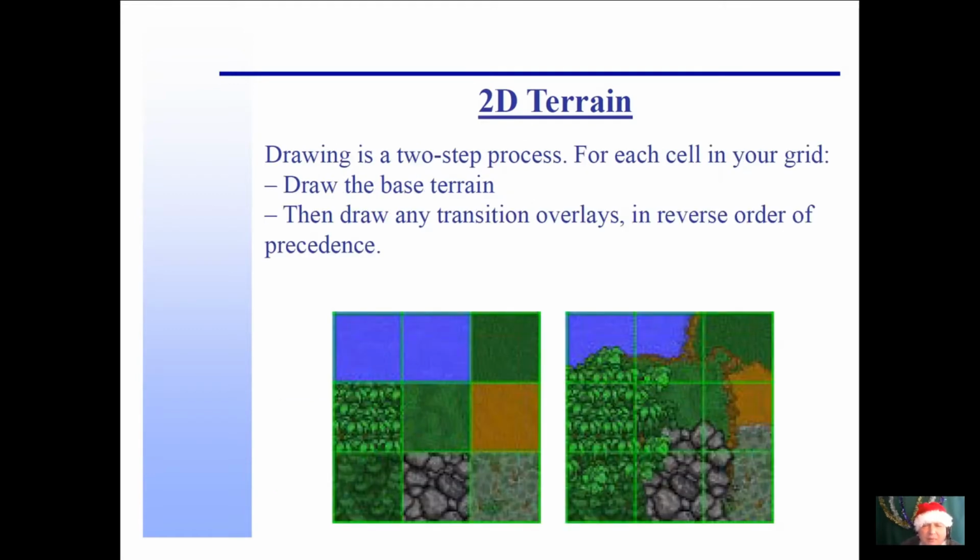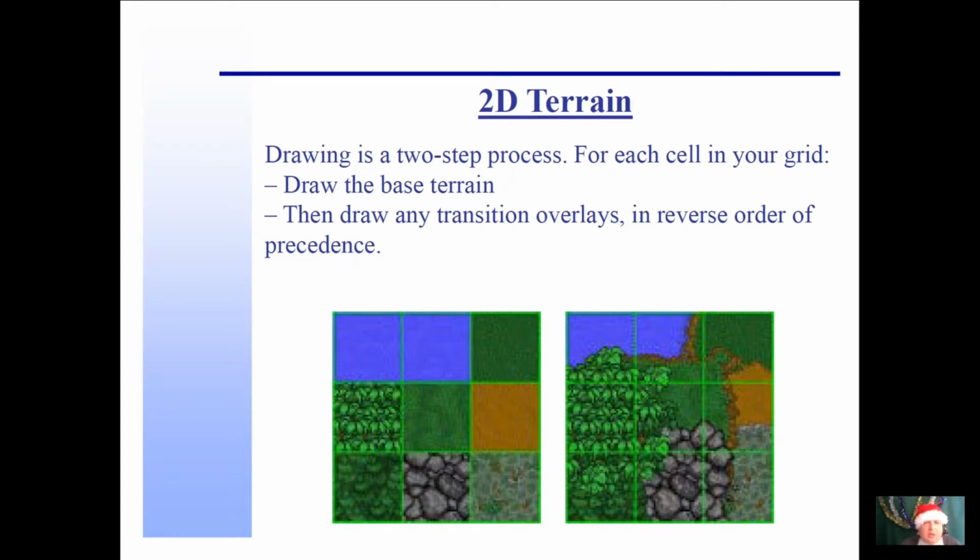If you combine them, thanks to having a transparent part and a non-transparent part, each square in the grid can display just a part of this particular tile, and some kind of a tile which is behind it.